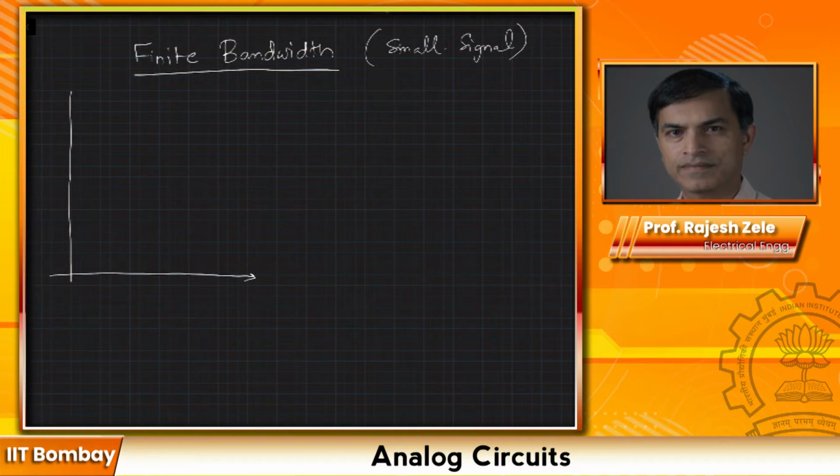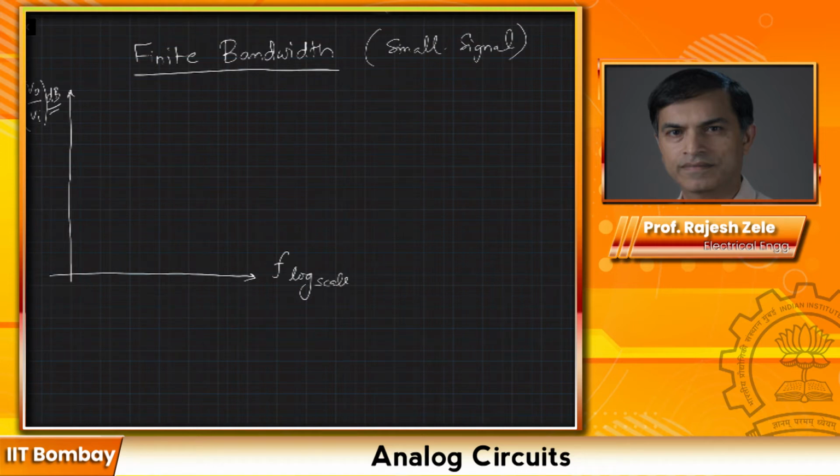Now, in this particular case, just like Bode plots, I'm going to plot Vout divided by Vin in dBs. That's your gain of the amplifier. And this would be your frequency in log scale. The log scale is important.